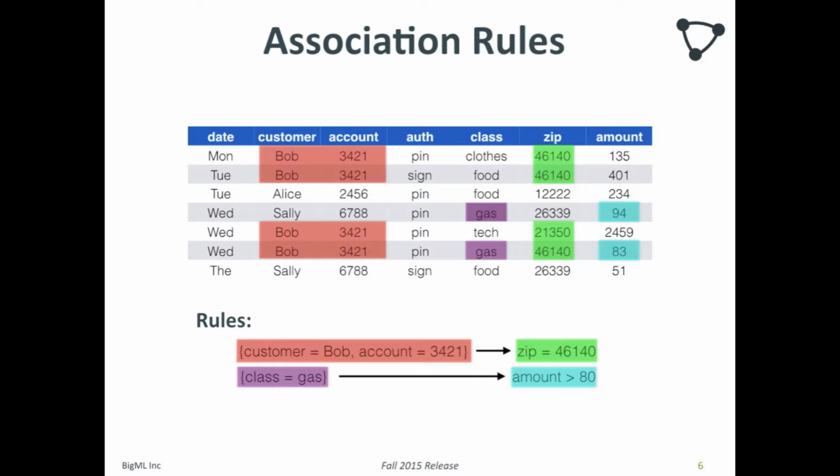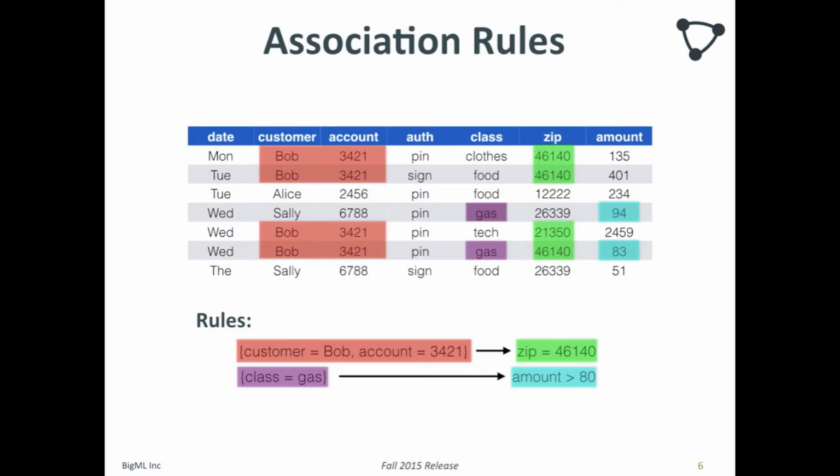So we could write this discovery as a rule: if the customer is Bob and the account is 3421, then the zip is 46140. Now you'll notice this isn't always true; in the third entry, the zip is actually 21350, and that's okay. The rules don't have to be always true. This is just going to alter the strength of this association, if you will.